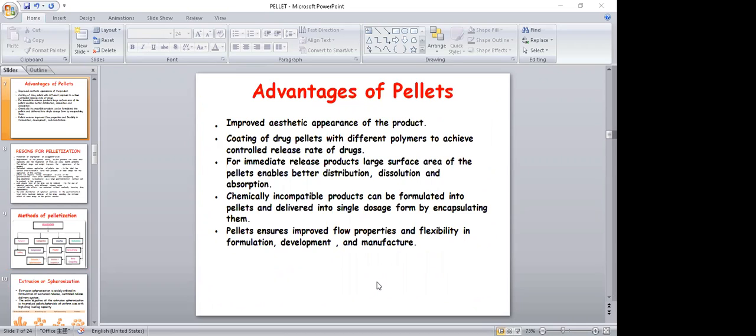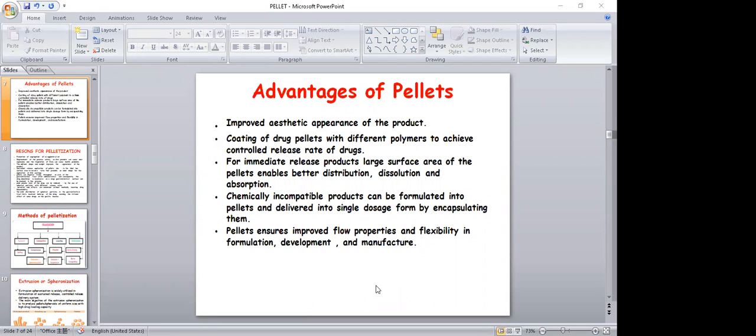Second, by coating drug pellets with different polymers, we can achieve a controlled release rate of the drug. As we previously discussed, as we form the pellet there is a large surface area, and due to that better distribution and better dissolution take place, and absorption also takes place rapidly.